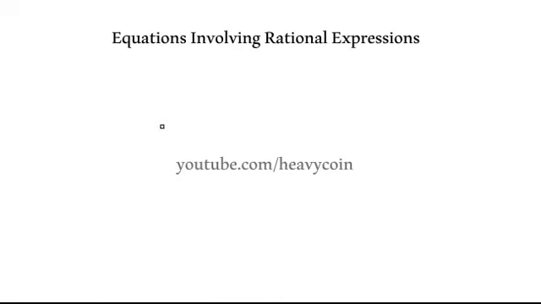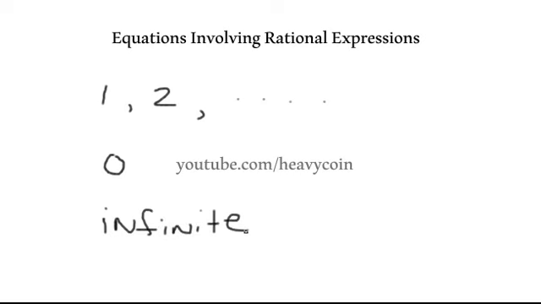Alright. Well, I'm not sure if I mentioned this or not, but what are all the possibilities when we have an equation? Well, we could have one solution. You could have two solutions. Well, you could have many solutions. Or you could have 0 solutions. And there is another one, you could have an infinite number of solutions. So possibilities, right?